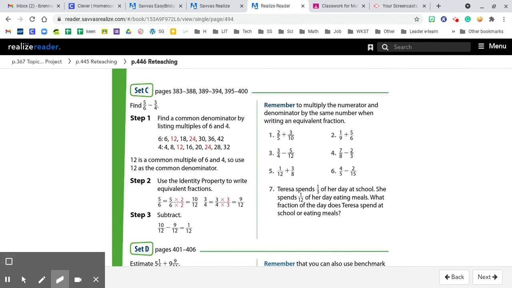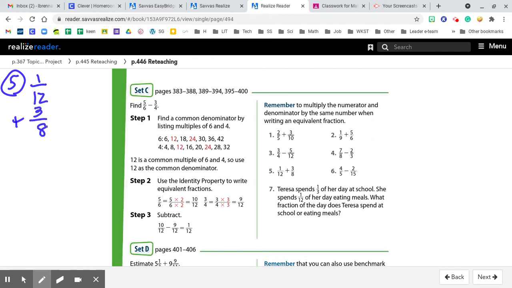For number 5, 1/12 plus 3/8. I don't want to multiply 12 times 8. That's huge. So I'll count by 12s until I find something 8 goes into, and 24 works. Equivalent fraction, add, and bring my denominator down for number 5.